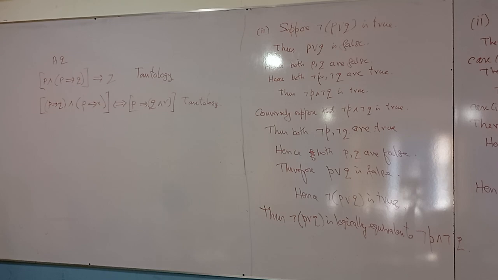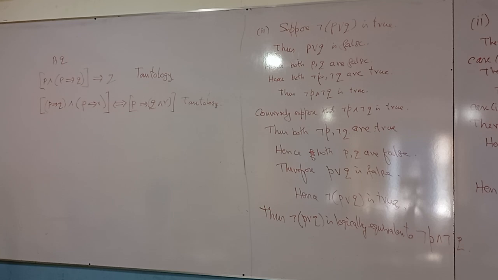Here one tautology is P implies (Q implies R), the whole thing implies (P and Q) implies R. That is a tautology. A tautology has more than one variable for sure, because P or not P is always true. So simpler form, nothing like that.